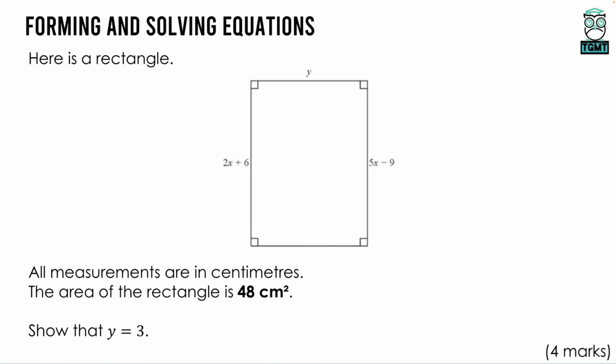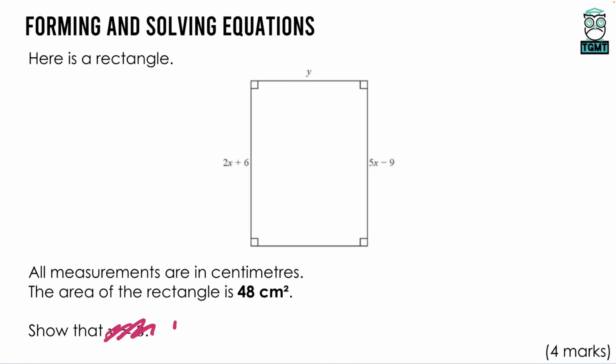You've got to be really careful on a question like this, because a lot of people, when it says show that y is equal to 3, might think that in a question like this, you could write the number 3 here and use that to find the area, or use it backwards to find the area. Now, in a question like this, when it says show that something is equal to 3, really, we want to completely ignore this.